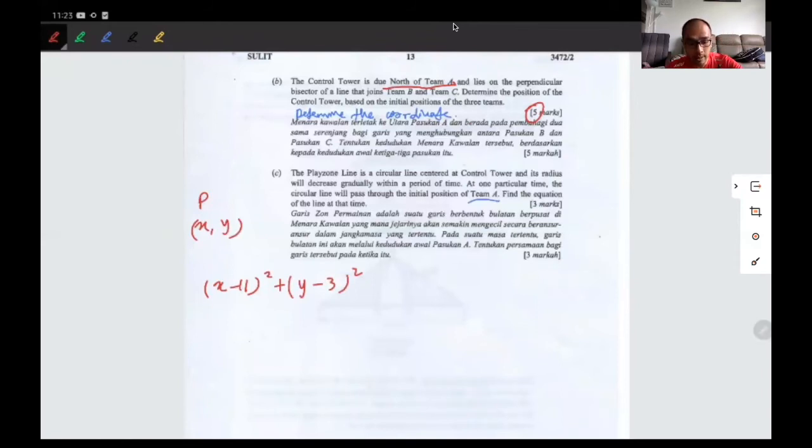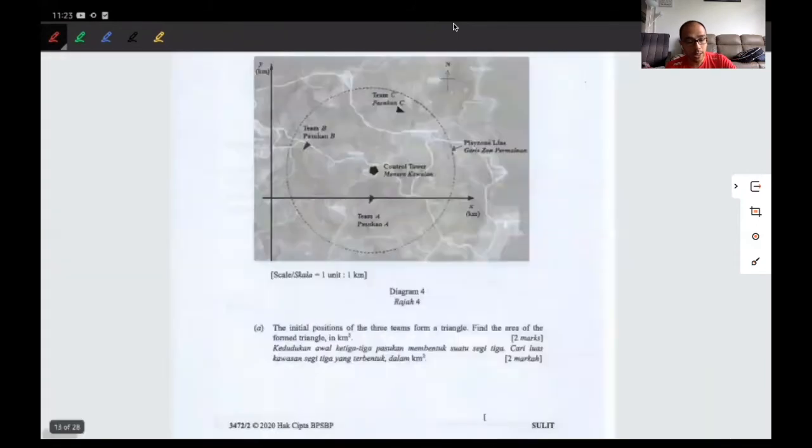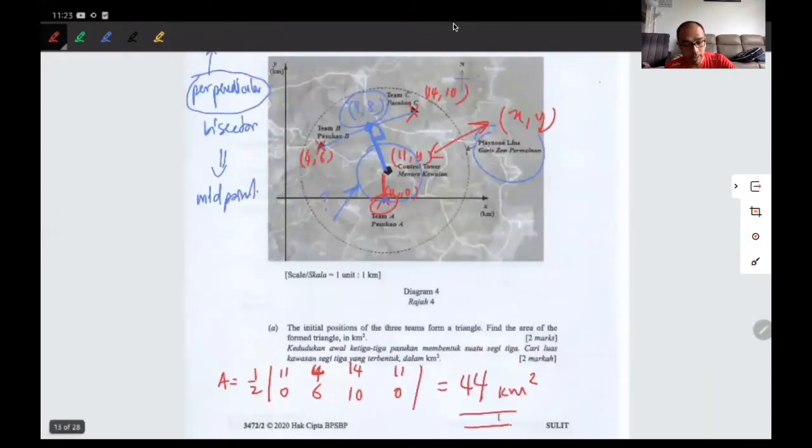That's why it says the line is centered at the control tower. And at one point in time, it will pass through the initial position of team A, which is this distance here.